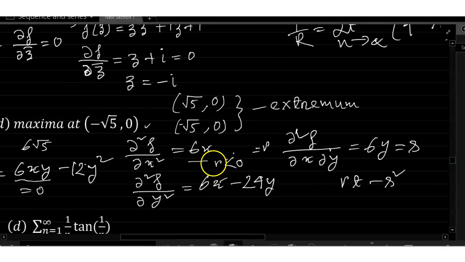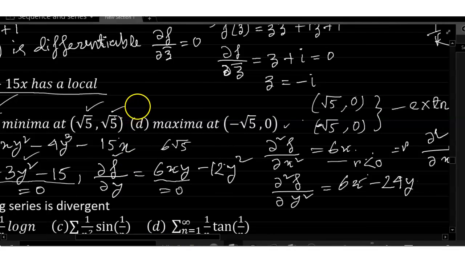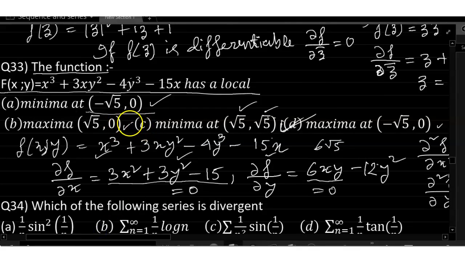Now r is equal to root 5 comma 0. If I put it, then the value of rt minus s square is greater than 0. Satisfied. And this condition satisfies maxima. So this option is obviously correct, and this portion is wrong, and this portion is also wrong, and this portion is wrong. So my option D is correct.